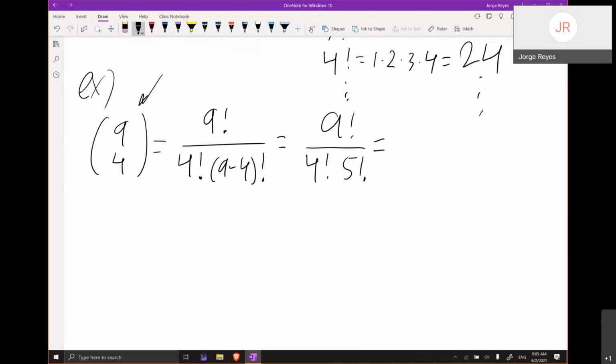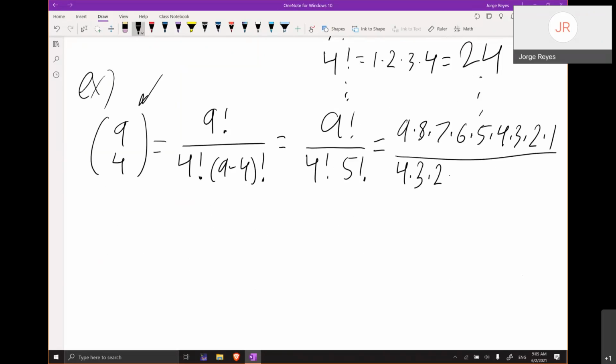Okay, so remember that 9 factorial is just this, right? It's all of these numbers multiplied together. Okay, and 4 factorial is 4 times 3 times 2 times 1, but we don't care about the 1 really. And then 5 factorial is 5 times 4 times 3 times 2 times 1.